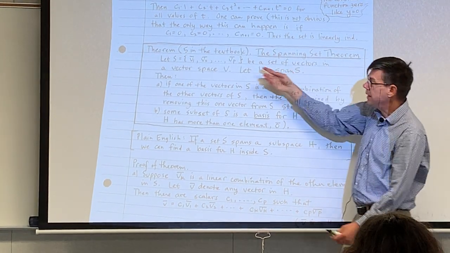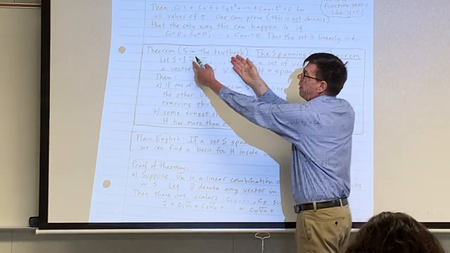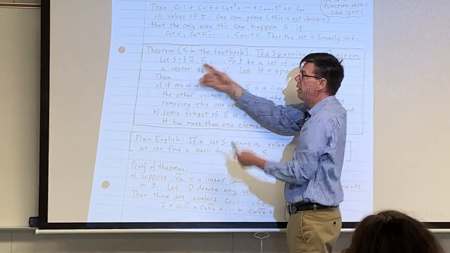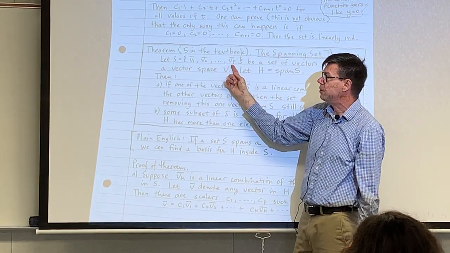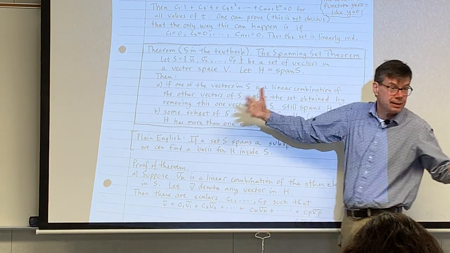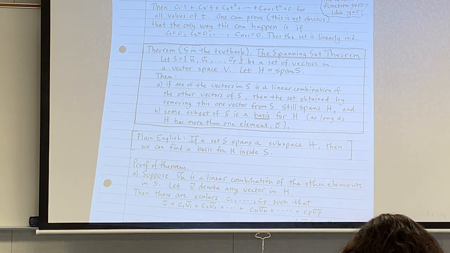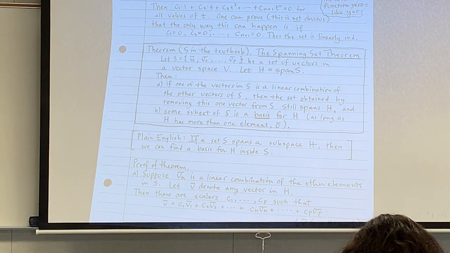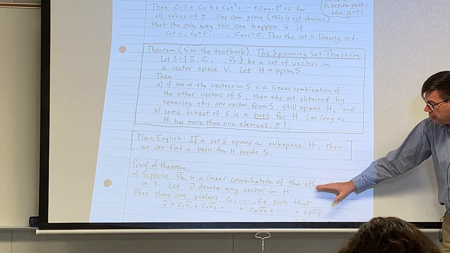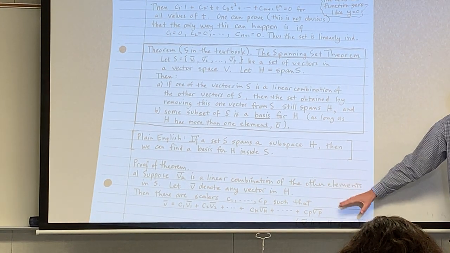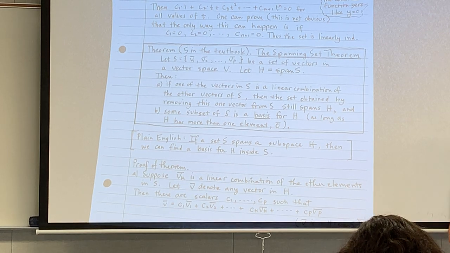I mean, if I can get vp as a linear combination of what comes before, then all the linear combinations of these don't really give me anything else, because I can already get that. That shouldn't be too mysterious. And you can read over part A on your own if that seems a little cryptic.